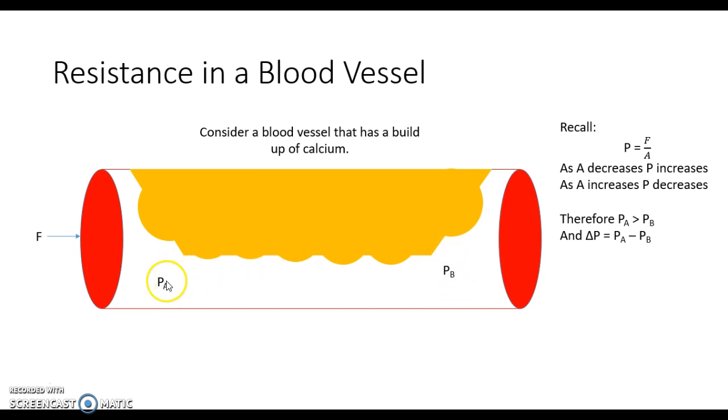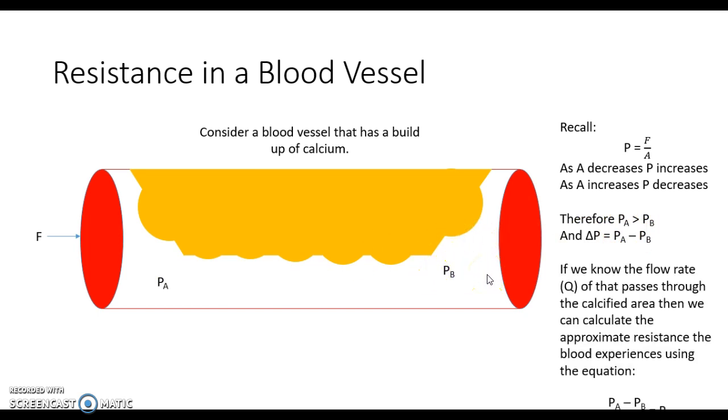And so we can figure out the pressure differential between side A and side B by using delta P, meaning we take the difference between the pressure on the left side, PA, and the pressure on the right side, PB.